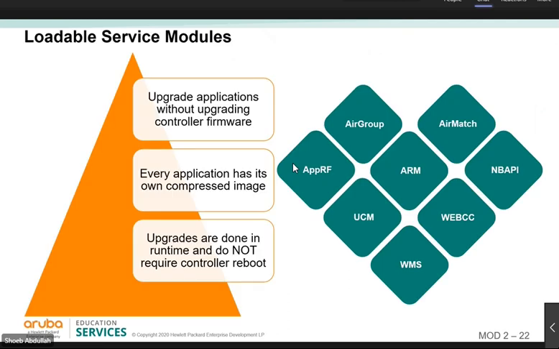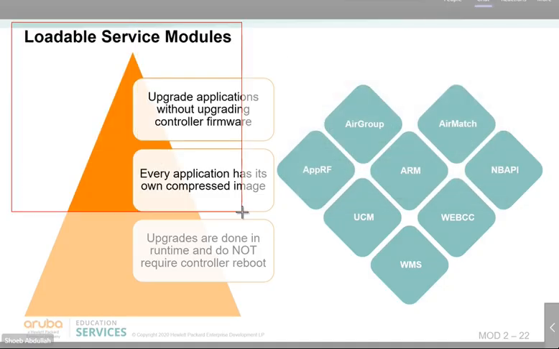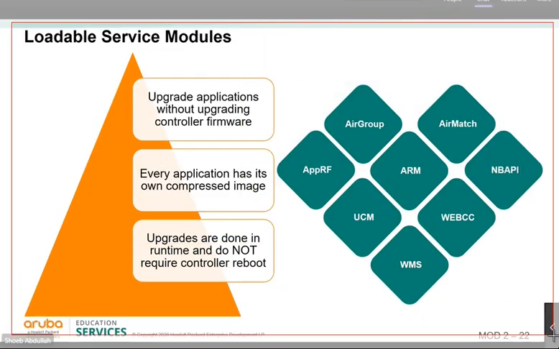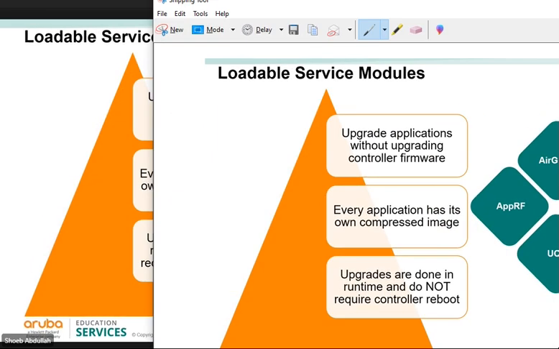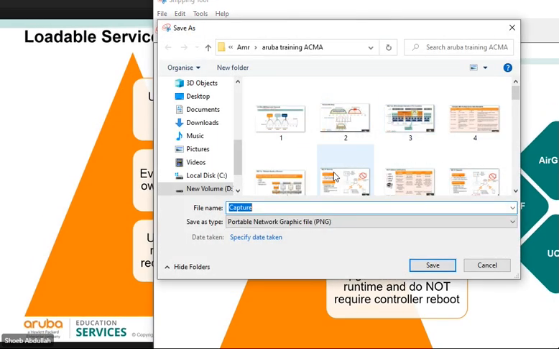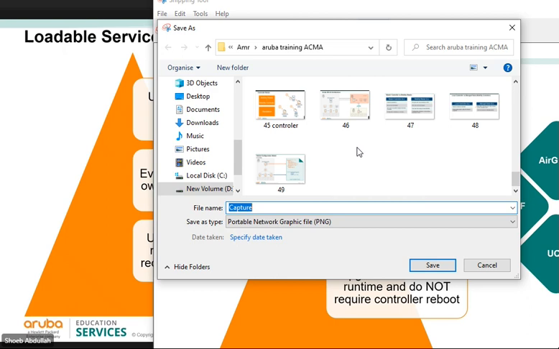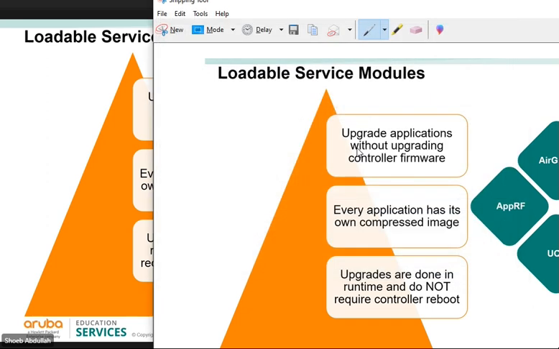Next is your Aruba 8.x exclusive features. When I say exclusive features, these features that we are going to discuss can only be used if you have got a mobility master. You cannot use them in a 6.x architecture, in your IAPs, in a master-local setup, or in a standalone setup.